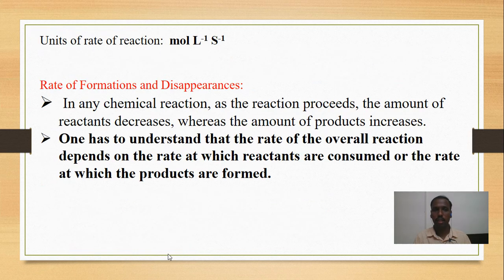Then we will go with units. Units of rate of reaction: moles per liter per second. How does it come? You know very well now, rate is equal to change in the concentration with unit time.